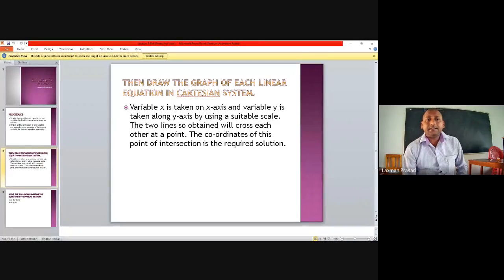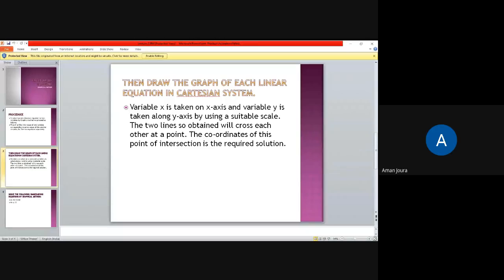Next, draw the graph of each linear equation in the Cartesian system. See, there is an x-axis and there is a y-axis. On the right side there is a positive value and on the left side there is a negative value. So according to the equation you should find out the values, and according to the points you draw the line.